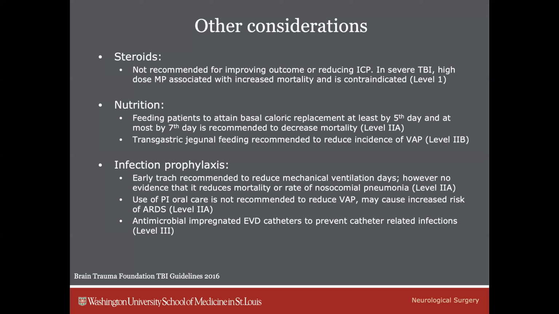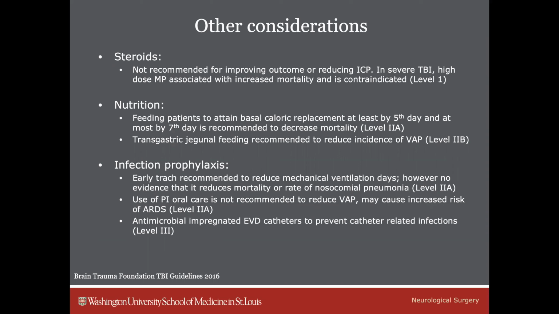The next thing is when you're feeding them, they recommend transgastric jejunal feeding to reduce the incidence of ventilator-associated pneumonia in these patients. Next is infection prophylaxis. Early tracheostomy doesn't really reduce mortality or nosocomial pneumonia, but is still recommended in order to reduce the days of mechanical ventilation, as long as there are no other contraindications.